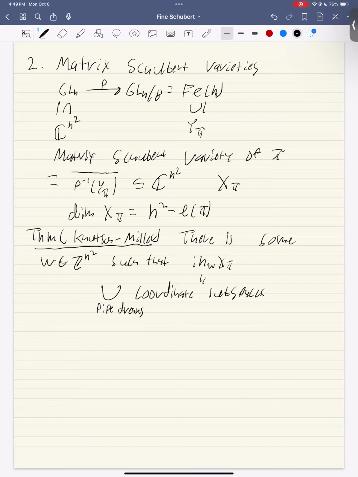And in particular, it's reduced. Okay, so there's some combinatorial object called a pipe dream that is associated to pi.